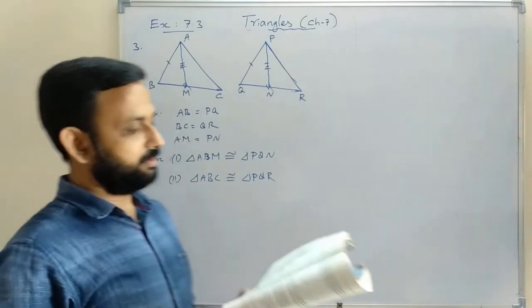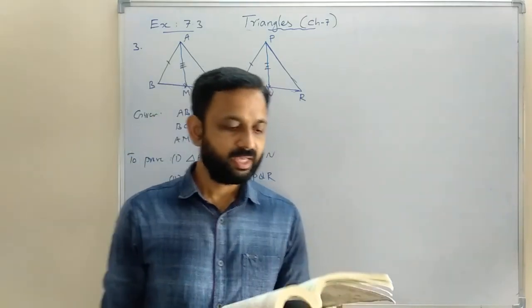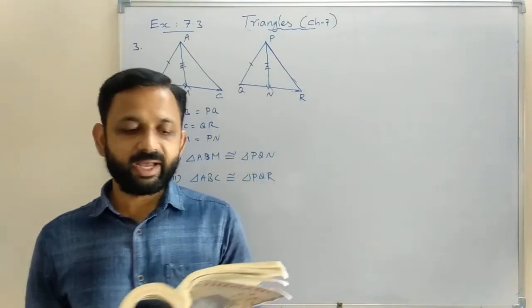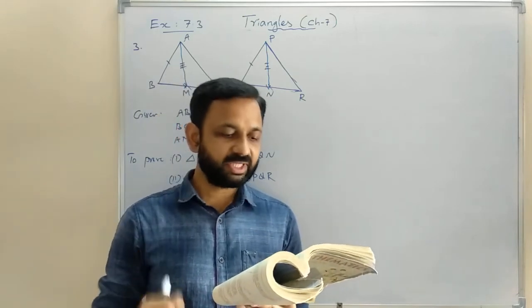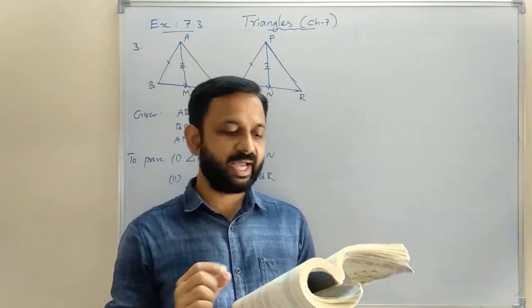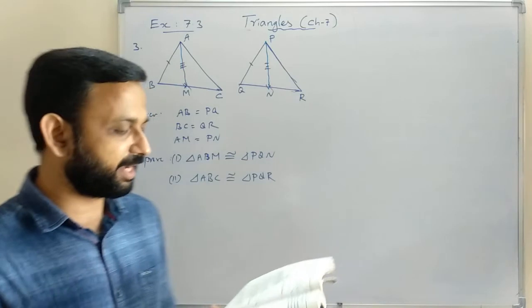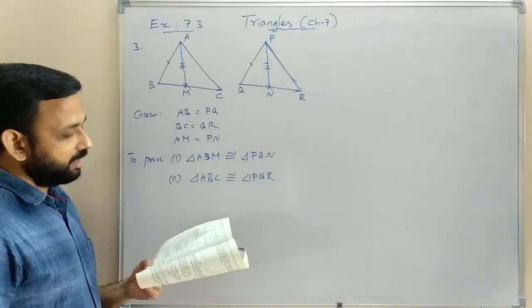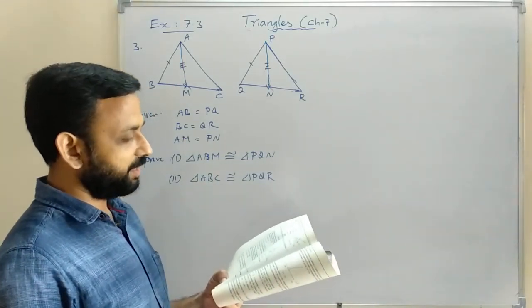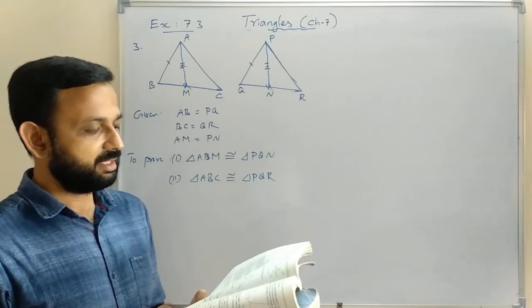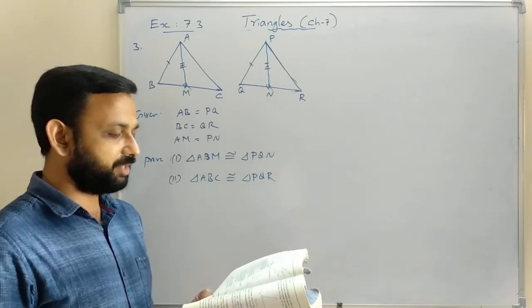We will do the third question. Two sides AB and BC and a median AM of one triangle ABC are respectively equal to sides PQ, QR and a median PN of triangle PQR.